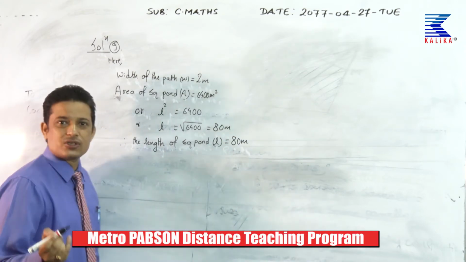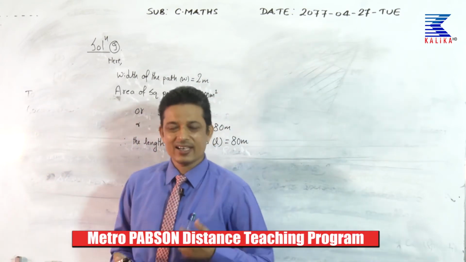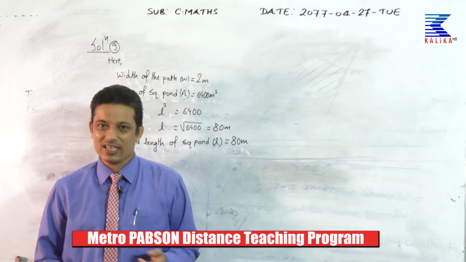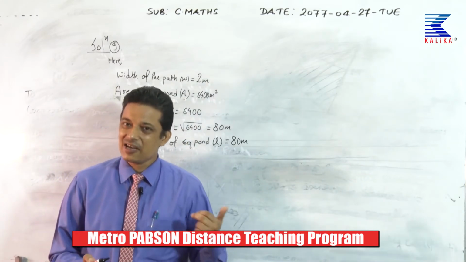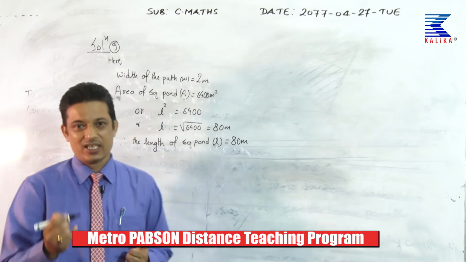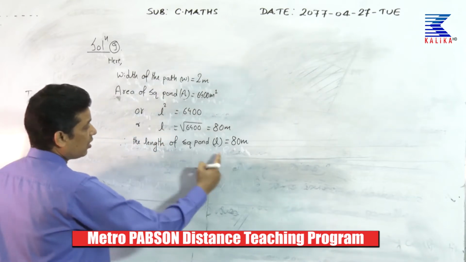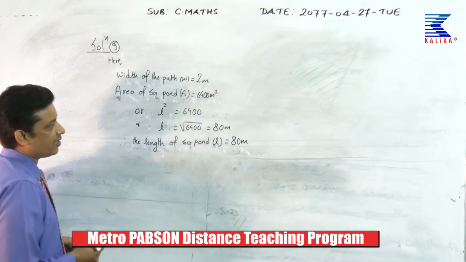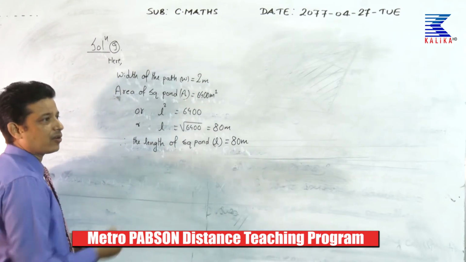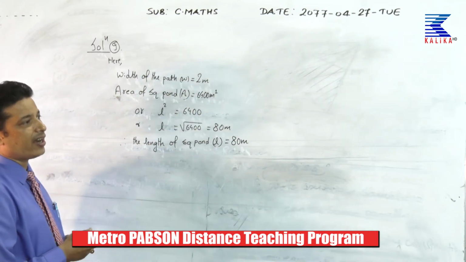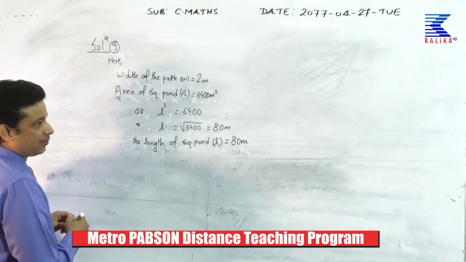As it is a square pond, I hope you know that length is the same as breadth in case of square. So, the length of square pond we got is 80 meter. Now, let me read the question again. We need to find the area of path.